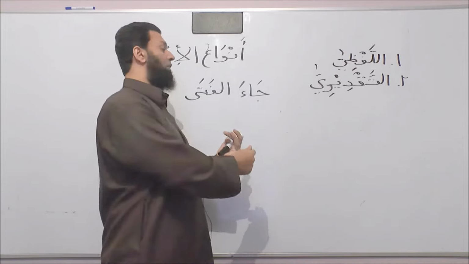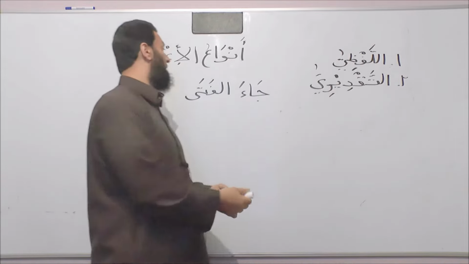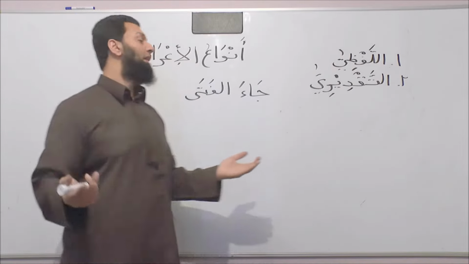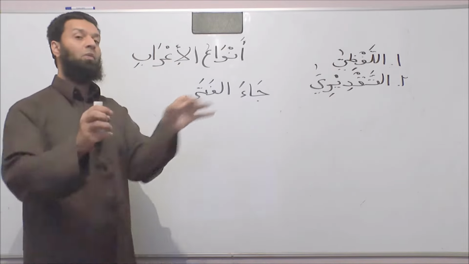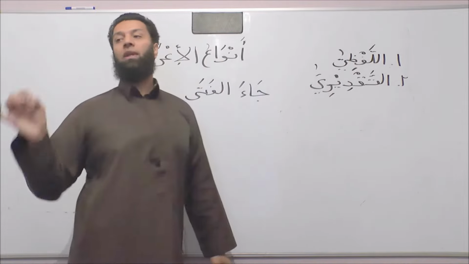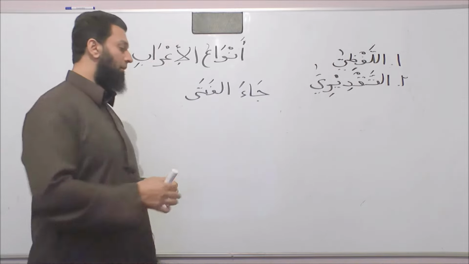Jumlatul fi'liyatu must comprise of two parts, fi'lun and fa'ilun. So there's our fi'lun. Where is our fa'ilun? Our fa'ilun is al-fata, because we want to convey the meaning of the youth came. Ja'a al-fata. Now, what's the issue?